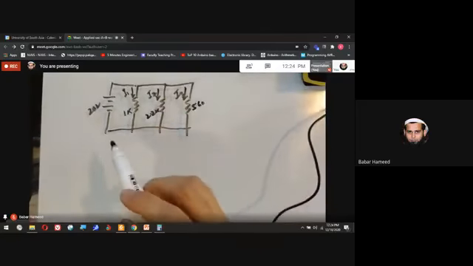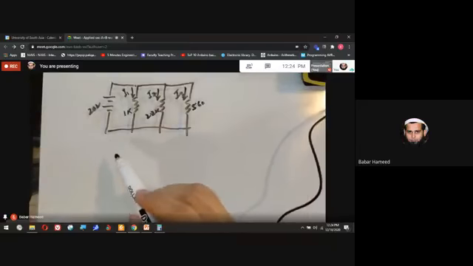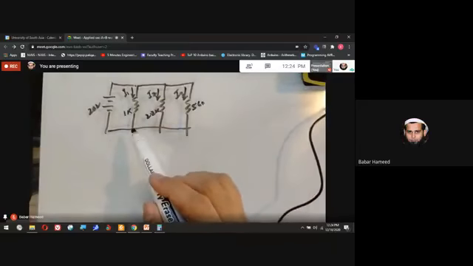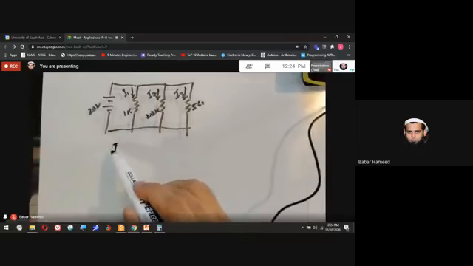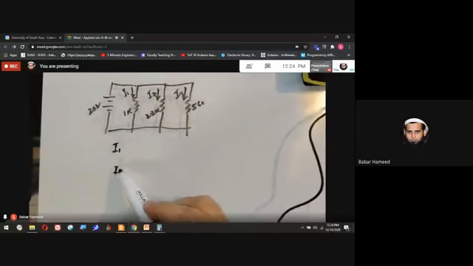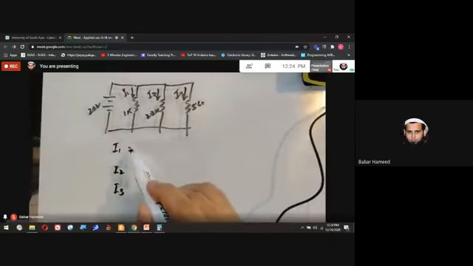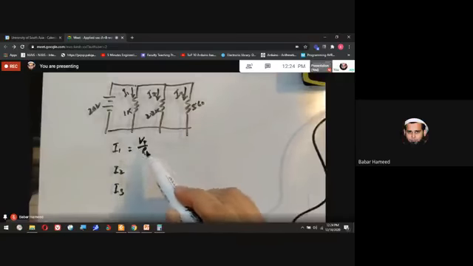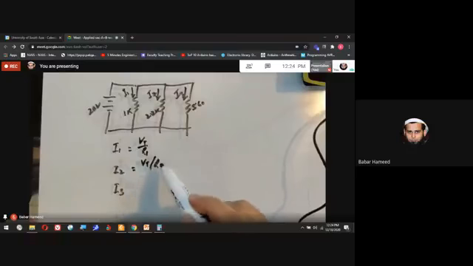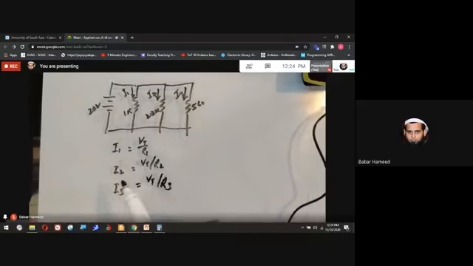Simple formula: as we know, in parallel the voltage remains the same, and we have to find I1, I2 and I3. For I1 we will use Vt over R1, for I2 we will use Vt over R2, and for I3 we will use Vt over R3.